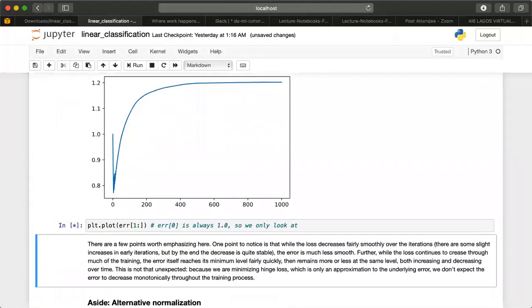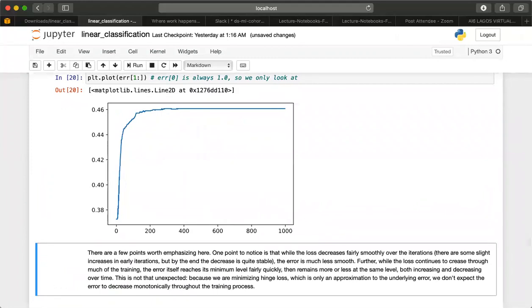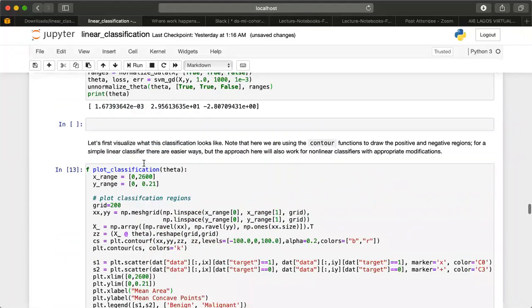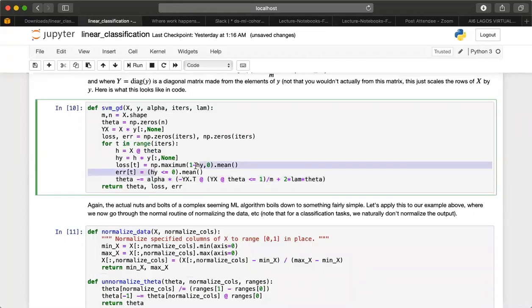The error plot is giving us an idea of how the errors were reducing, right? So over here, to get the loss, we are getting a bunch of true and false values. We are saying that for all the values that are less than 0, meaning that it's a loss, we want to find the mean.